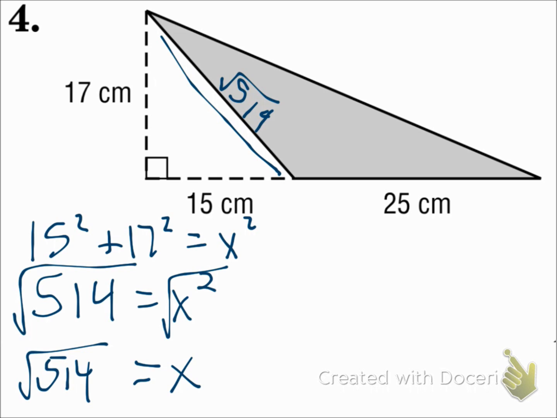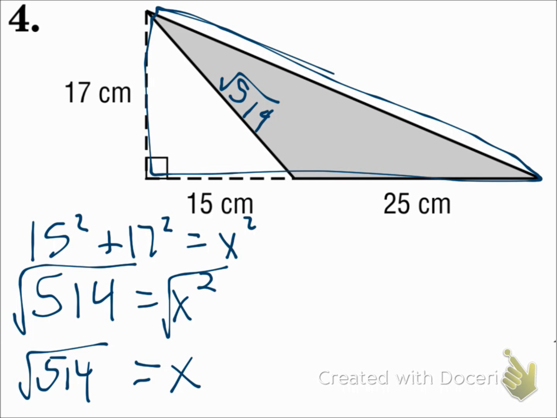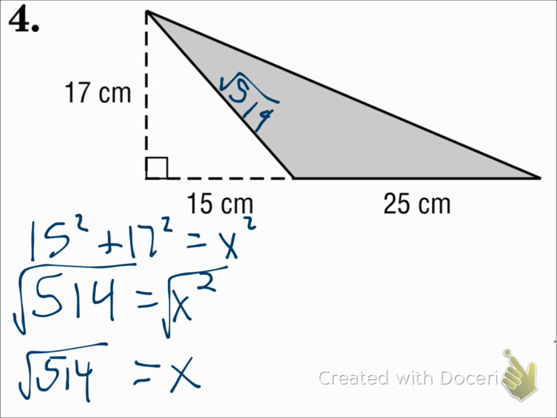Now for the other side is the hypotenuse of the big triangle. And again, I know two sides of it. I can do the Pythagorean Theorem to find this side.